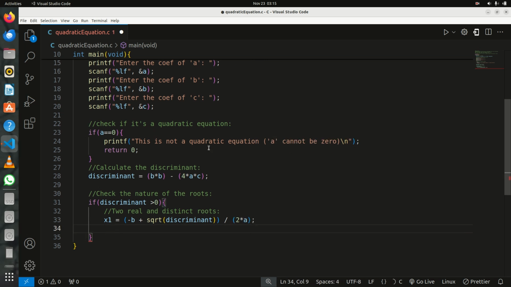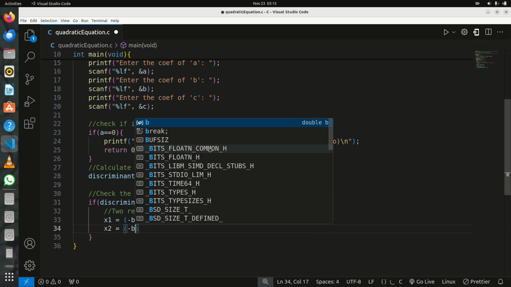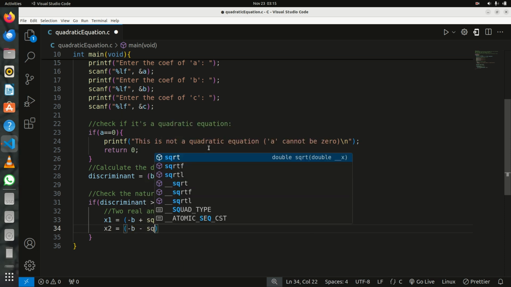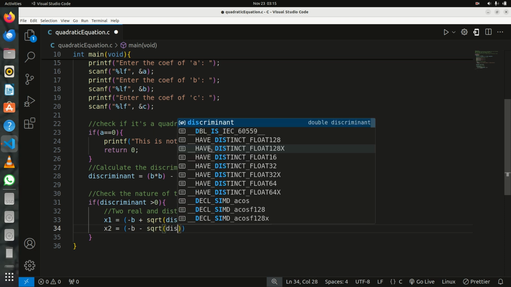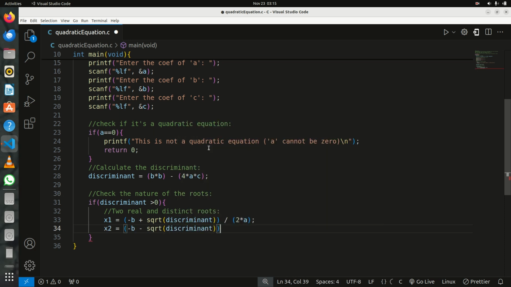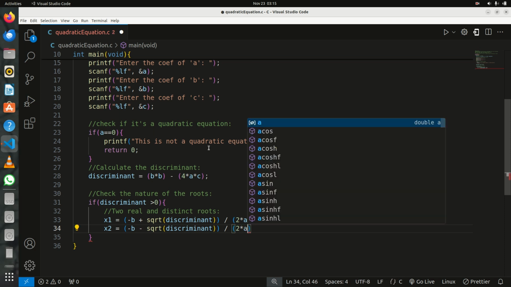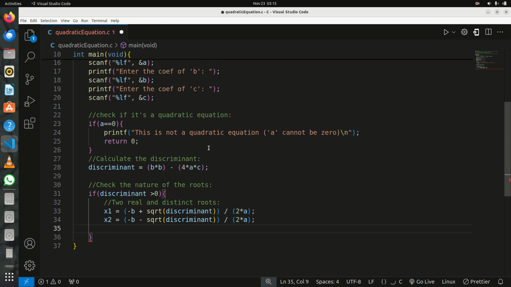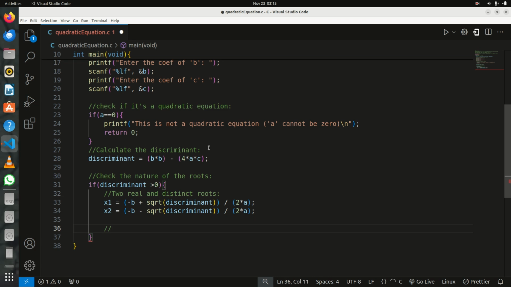X2 equals minus b minus the square root of the discriminant divided by 2 times a. Then we print the output.